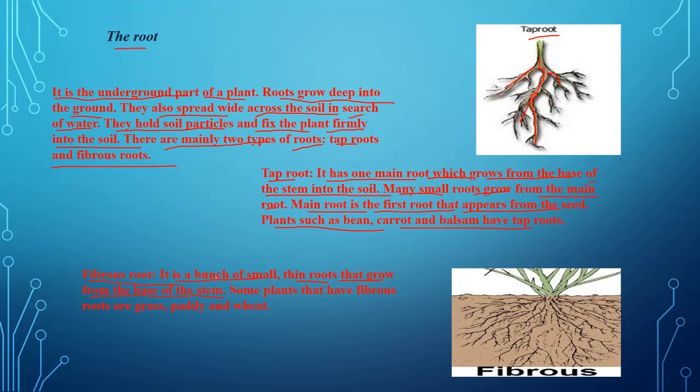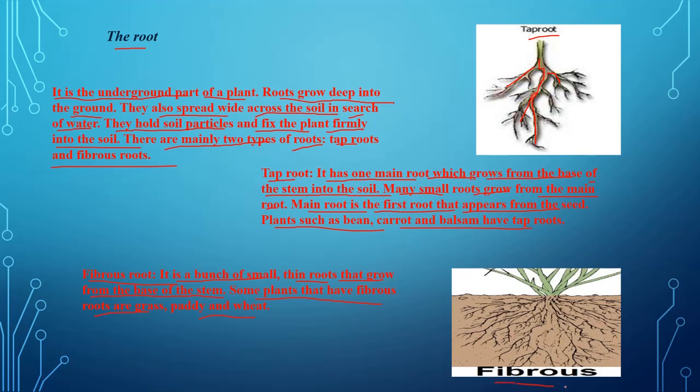Some plants that have fibrous roots are grass, paddy and wheat. These are examples, and there are more plants.